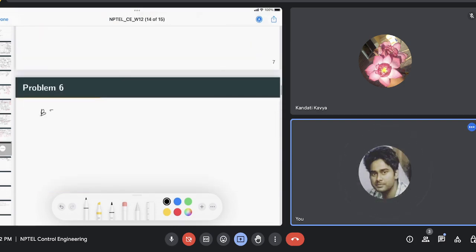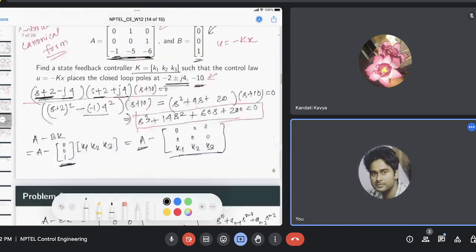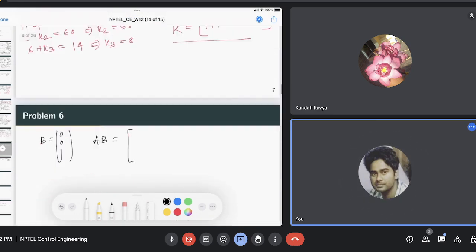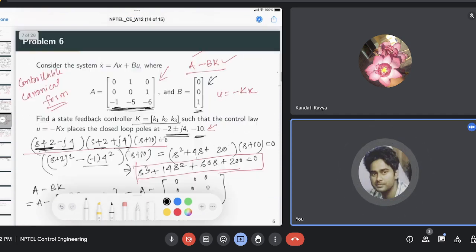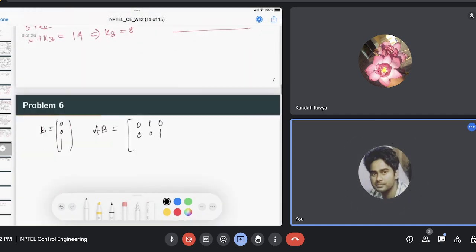B is 0 0 1. AB will be what? A is 0 1 0, 0 0 1, and the last row is minus 1 minus 5 minus 6, multiplied by 0 0 1.